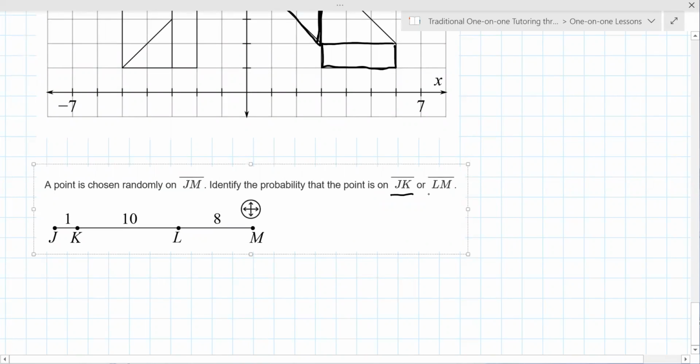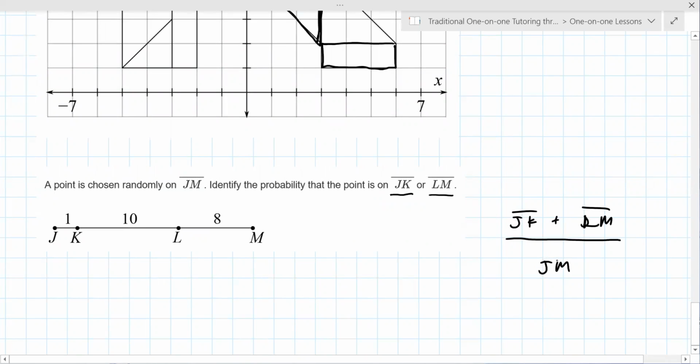Here again, they want JK or LM, so that's in your numerator, and then in your denominator is the whole thing, the JM.